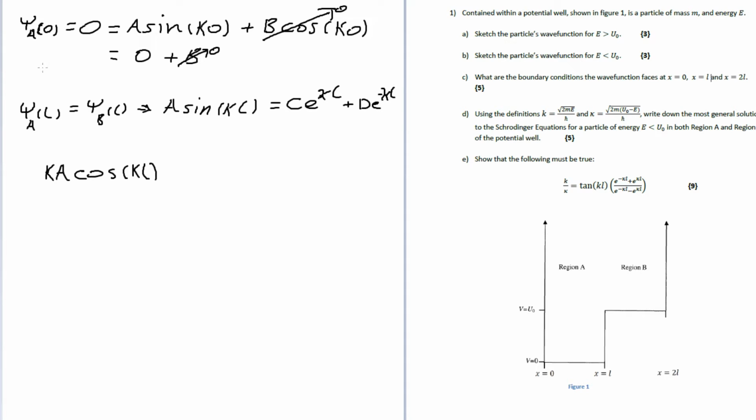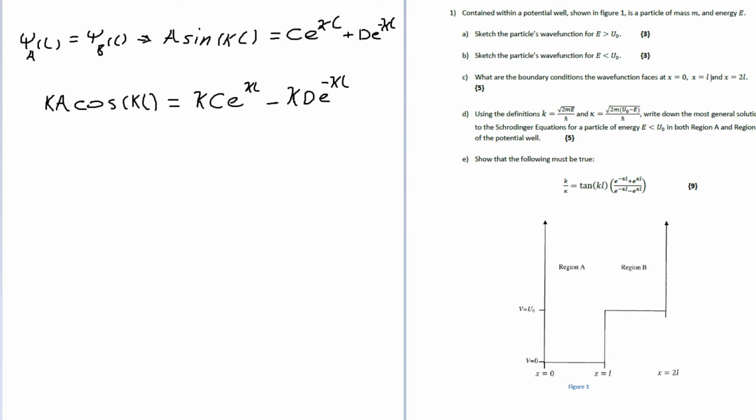So this is the derivative of our psi A, and now let's do the derivative of our psi B. We just take out our kappa, because it's an exponential, and then we have our c again, e^(kappa L), and this time it's minus because we take out the minus from our exponential, and again we've got a kappa, and we have d e to the minus kappa L.